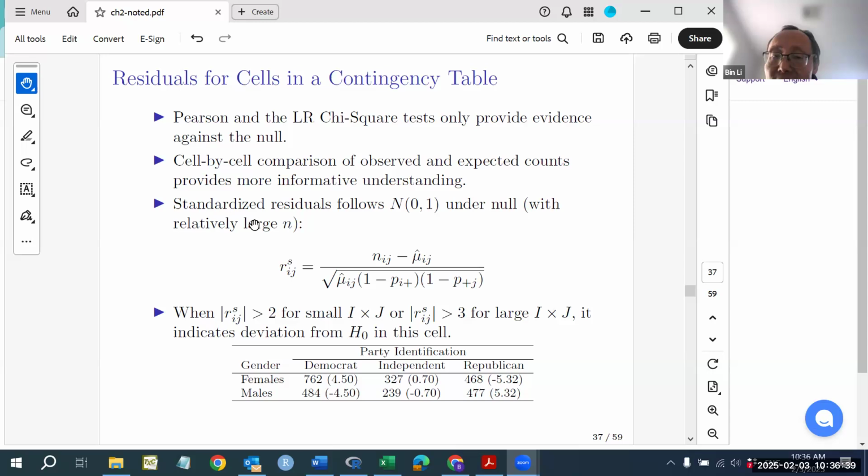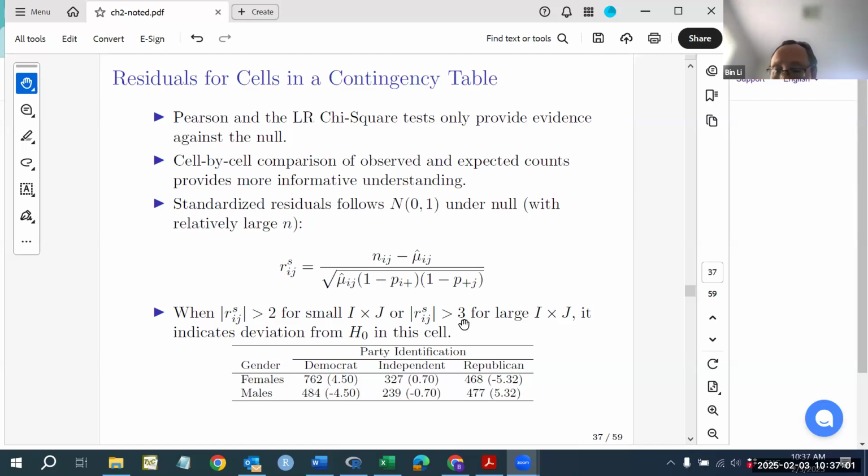So in order to see the direction, after we conduct the test, we can check the residuals. The size of the residuals can tell us which direction the deviation goes.